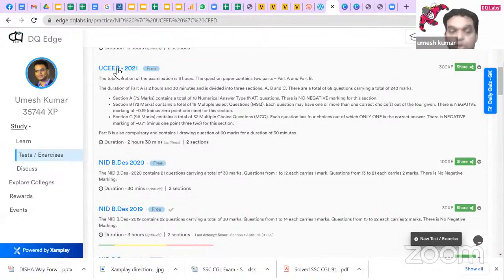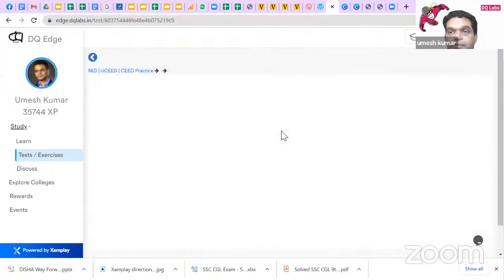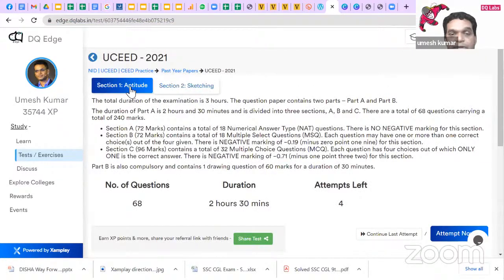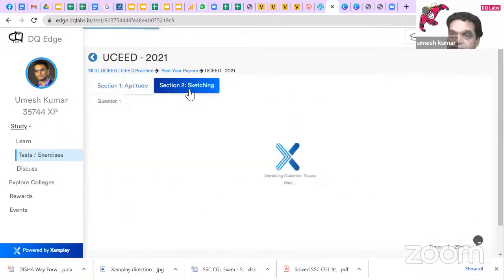Now, let me show you what I mean by experiencing a past year test. In this test, you can see that there is an aptitude section and also a sketching section.